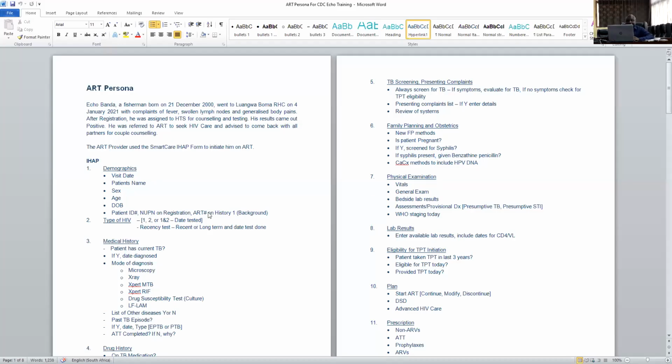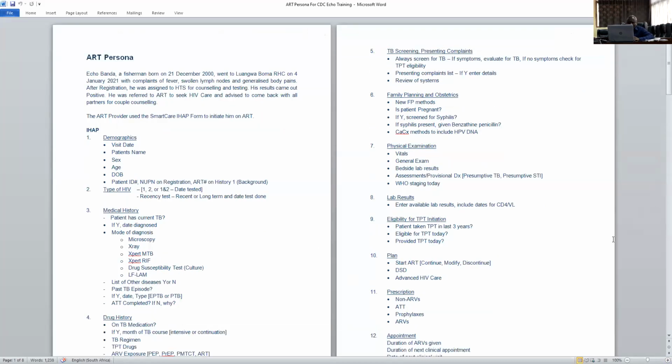We have this gentleman by the name of Eko Banda, a fisherman born on the 21st December 2000, who went to a facility called Luangwa Memorial Center on 4th January 2021 with complaints of fever, swollen lymph nodes, and generalized body pains. After registration, he was assigned to HTS for counseling and testing. His results came out positive. He was referred to ART to seek HIV care and advised to come back with all partners for couple counseling.